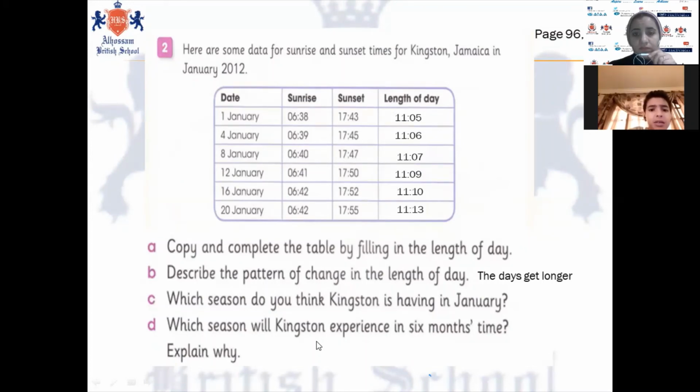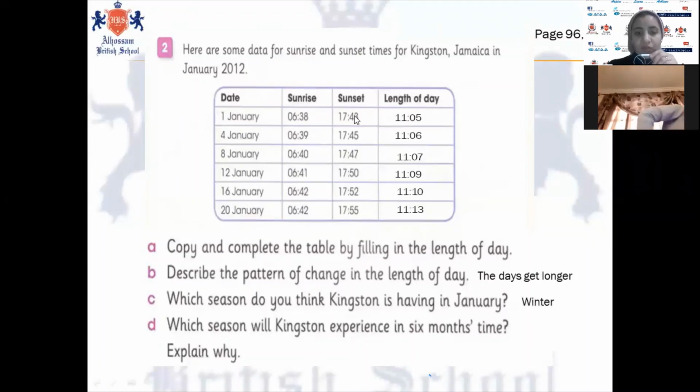Winter, summer, autumn, spring? Winter. Winter, excellent. Winter, because the days start to get longer, so it's in winter. So the day gets longer, it will leave the winter to go to, for example, another season.